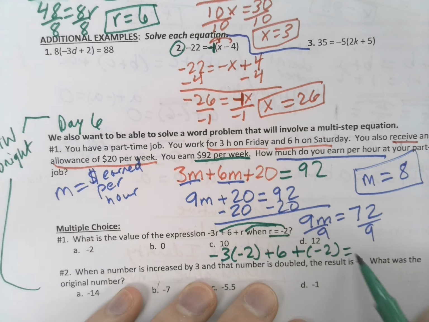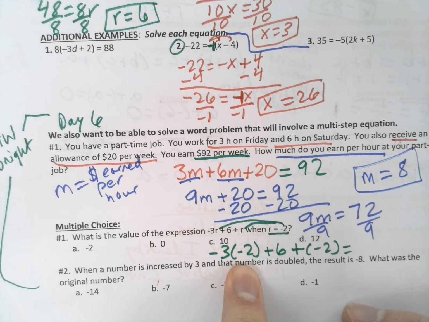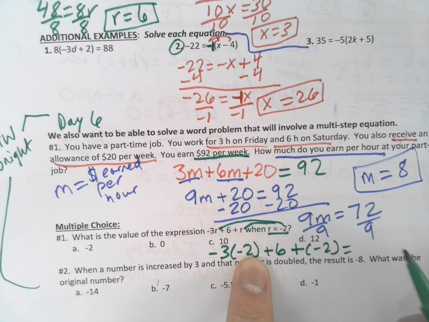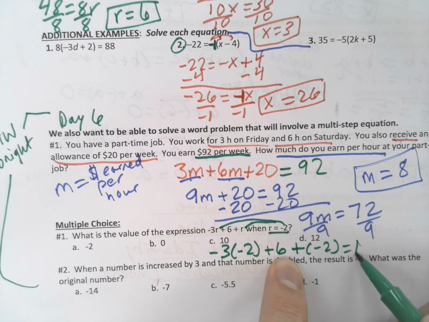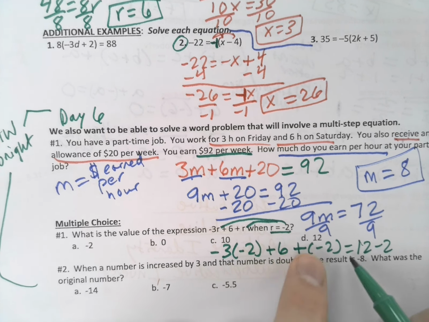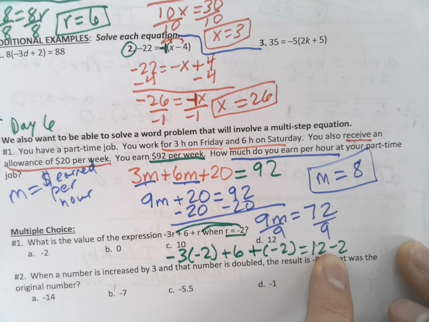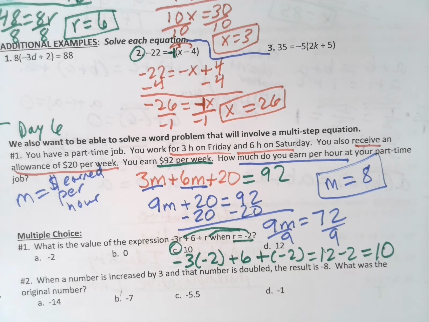And this is just an expression, guys. We can just combine all this here. So -3 times -2, a negative times a negative is a positive. So 6 plus 6 is 12, plus -2. If you're adding a negative, it's really subtraction. So that would be 10, which is C.